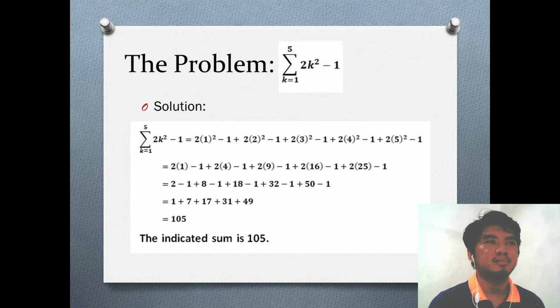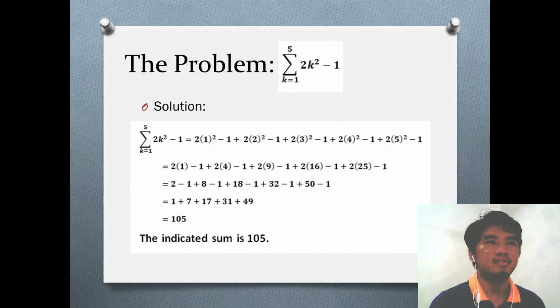So copy minus 1. Bring down minus 1. So plus 2 times 4 is 8 minus 1 plus 2 times 9 is 18 minus 1 plus 2 times 16 is 32 minus 1 plus 2 times 25 is 50 minus 1.